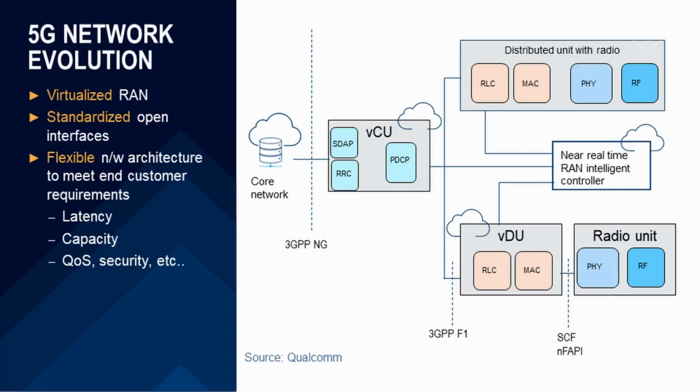Likewise, the centralized unit, CU, and the RAN intelligent controller, the RIC, onto the cloud for efficient resource management, and also network automation and so on.